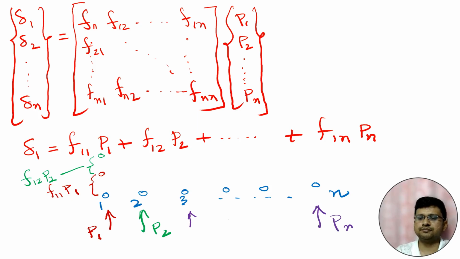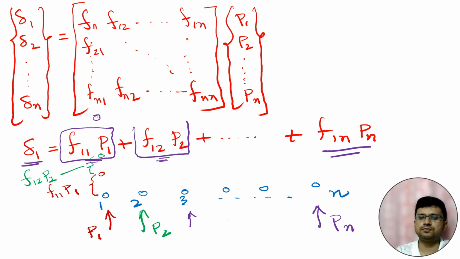Due to Pn also, there will be some displacement of node 1, and that will be F1n Pn. So delta 1 is the displacement of node 1, but these are the different parts for different forces. When we apply P1, the displacement of node 1 will be F11 P1. This part, F12 P2, is also the displacement of node 1.